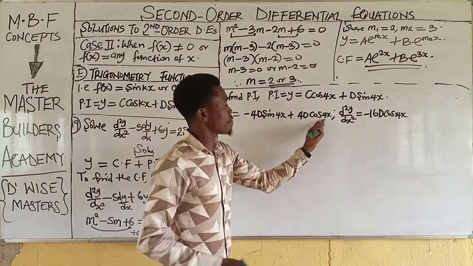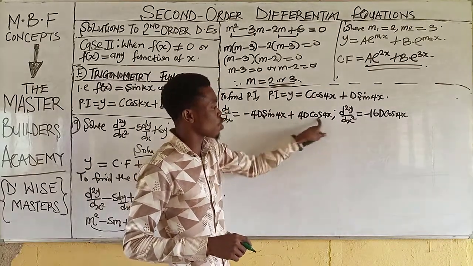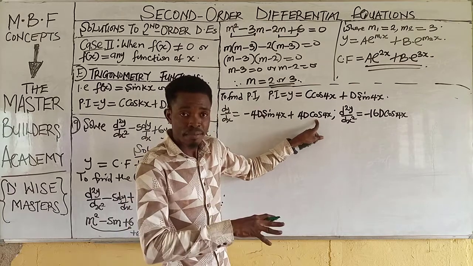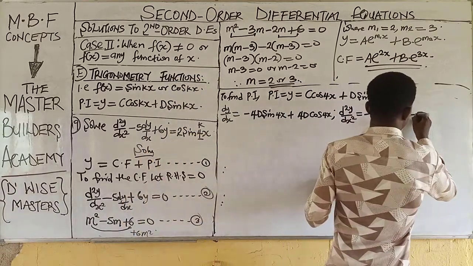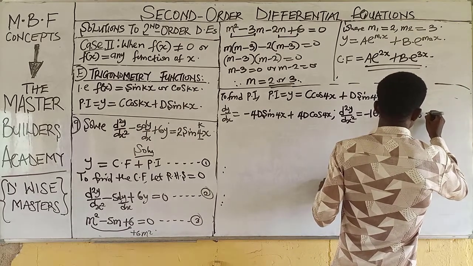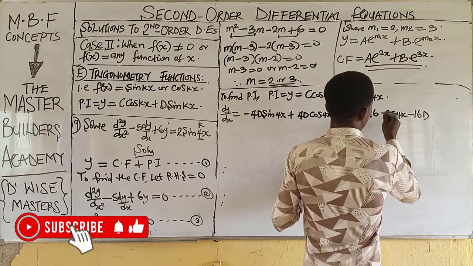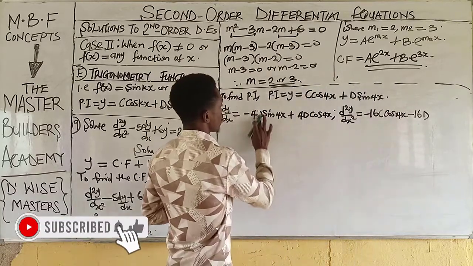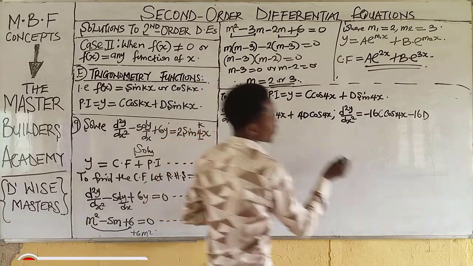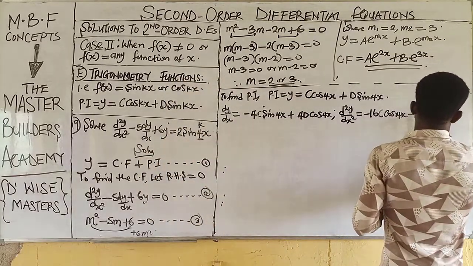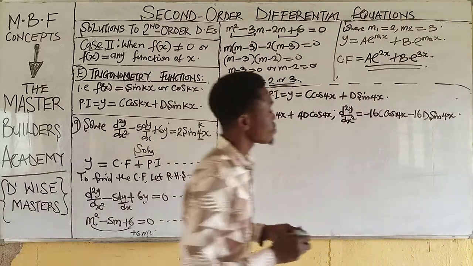Now when we differentiate this 4x, we have 4. 4 multiplied by 4, we have 16. But when we differentiate cos, we have negative sine. Then this sign will change. We also have negative 16d sine 4x. This is it.